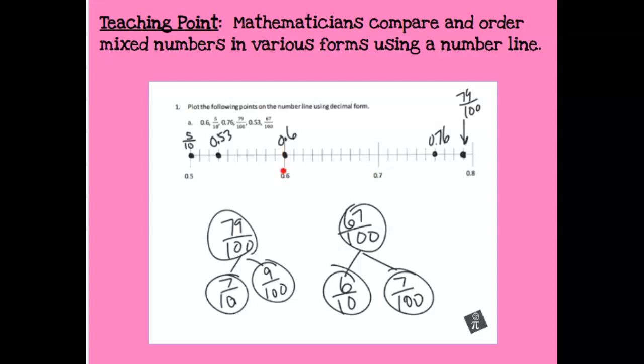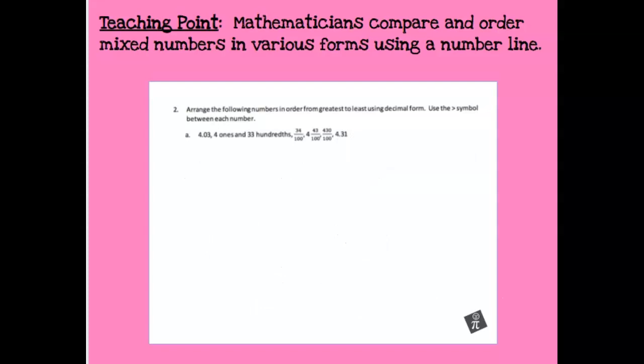Well, here's your 6/10 plus an extra 7 hundredths. So 67 hundredths is going to go right there. That's right. And now, once all of these numbers are located on the number line, we immediately know the order from least to greatest.